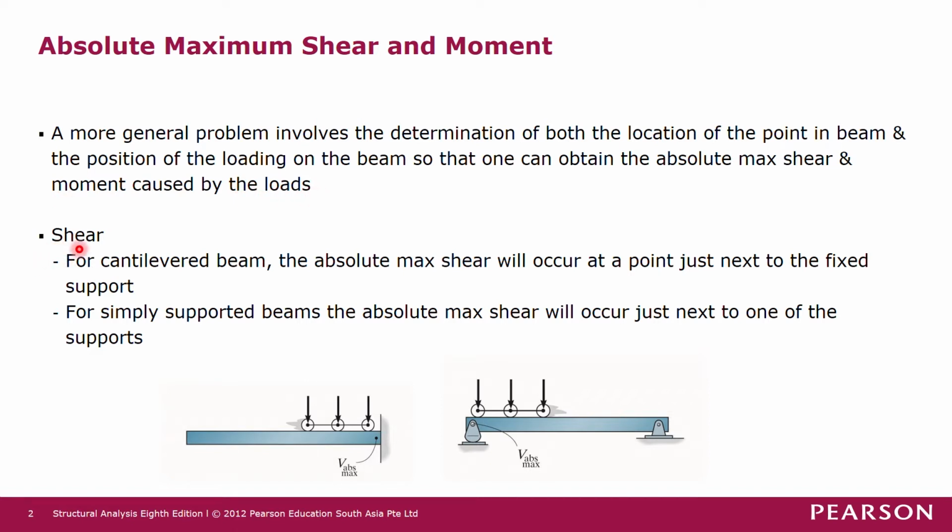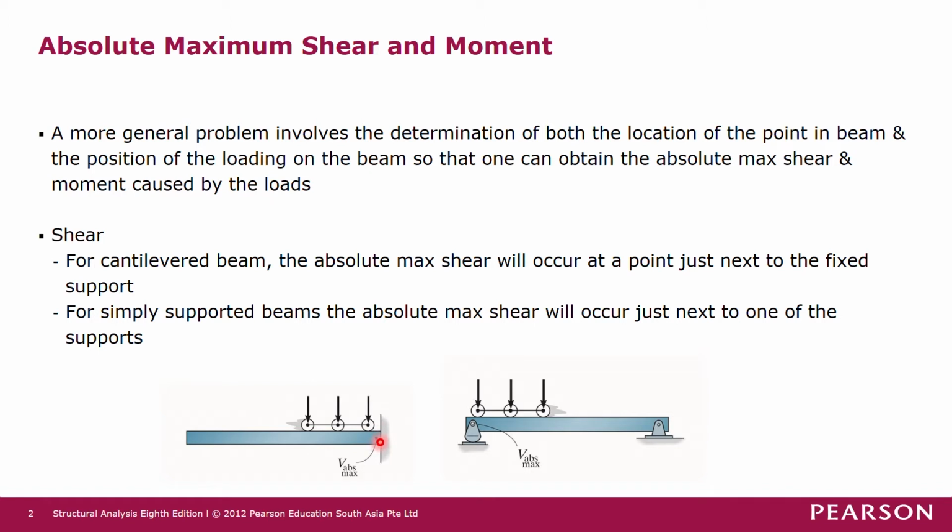For shear in a cantilevered beam, the absolute maximum shear will occur at the point just next to the fixed support, where this distance may be considered as 0. After you have put on the forces like this, these forces can be anywhere on the beam. The shear force will be the same at this point.